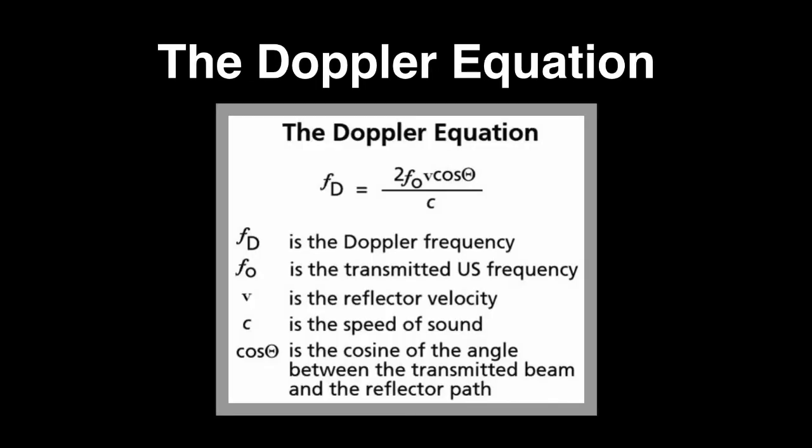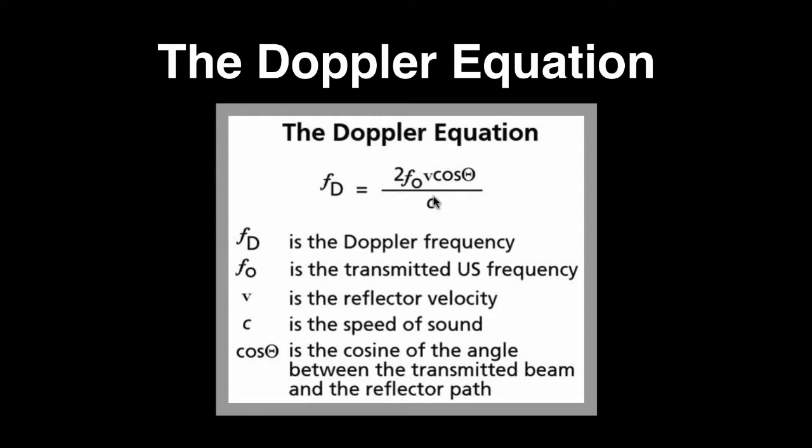So this brings us to the Doppler equation. The Doppler frequency is going to equal, and if you look at the numerator here, 2 times the transmitted ultrasound frequency times the velocity of the reflector times the cosine of the angle between the transmitted beam and the reflector path, divided by the speed of sound.